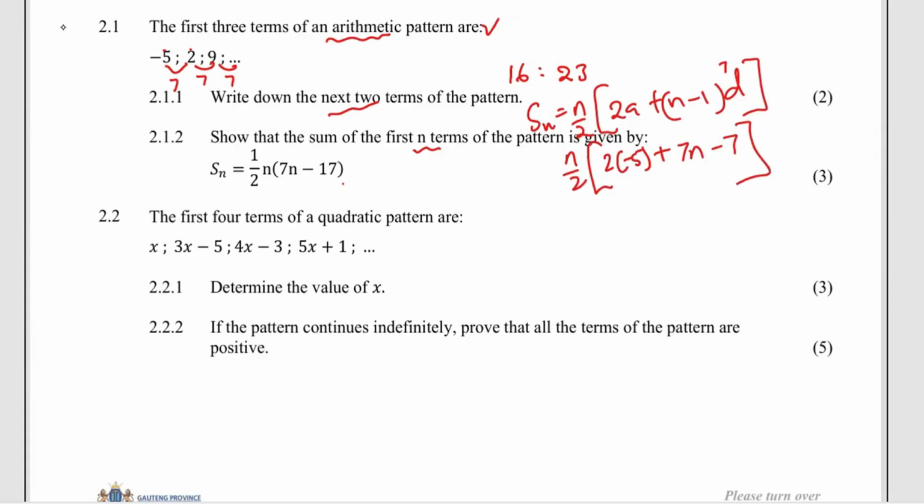So negative 10 and negative 7, we get a negative 17, meaning that n over 2 into 7n minus 17 is equal to the Sn. So this is what the question basically wanted. Probably they just want to see the substitution, how you're opening the brackets, and how you're collecting your like terms. All right, so that is 2.1.2.